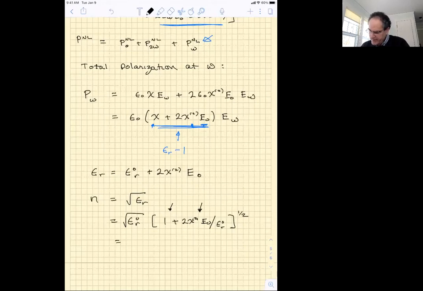We can rewrite this in the following way. So the linear dielectric constant we can write as N0 squared. And then we can write this as 1 plus 2 times chi 2 E0 divided by N0 squared.